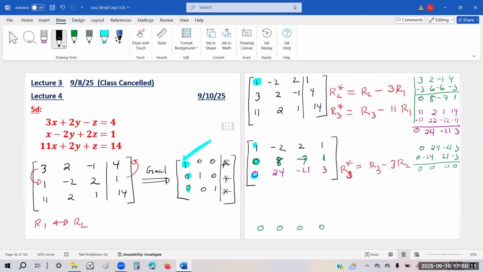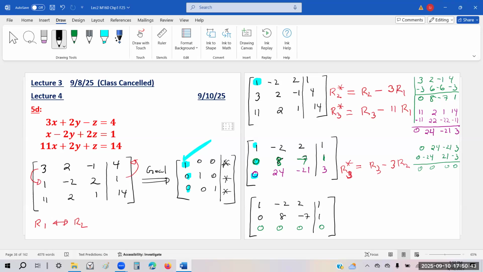So we rewrite 1, negative 2, 2, 1, 0, 8, negative 7, 1. The new row 3 is the last row. So we wanted to have 0 here, and we have 0 here.